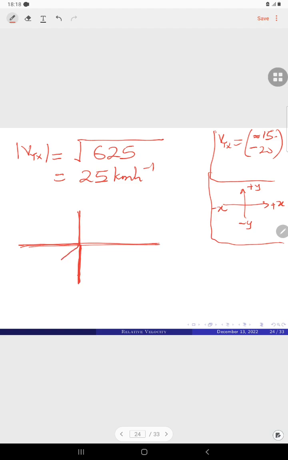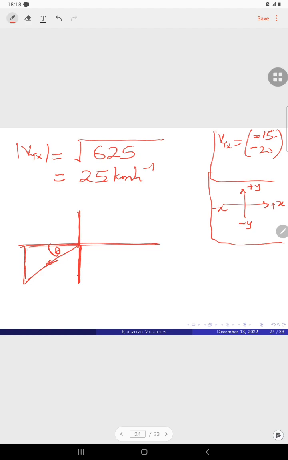Just draw any vector, not too long. Then we can make our theta. We can put theta here or here, but I prefer to put theta to the x. Let me call this angle theta.